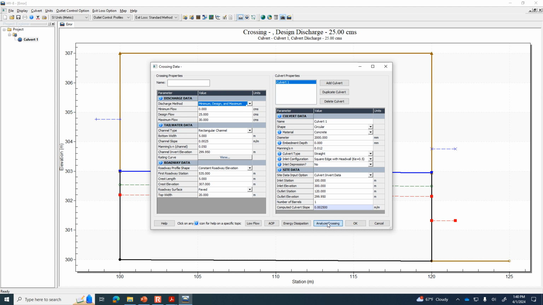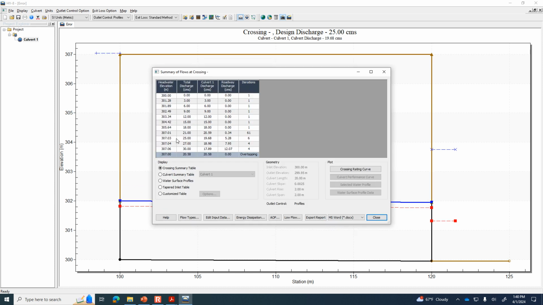Analyze crossing. Okay, we're getting closer. Look at this, 307.03 at 25 cubic meters per second. So at 25 cubic meters per second, 19 of it is going through the culvert, 5 of it is over the roadway. So we need to make it a little bit bigger.